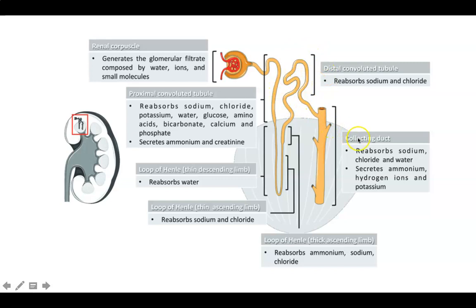And the collecting duct is that last chance to reabsorb the good things, last chance to also secrete the waste products that we want to get out. That's ammonium and hydrogen ions. But you can know them again as nitrogenous wastes. And if I showed you another image, all these tubes collect up to what is called the ureter.